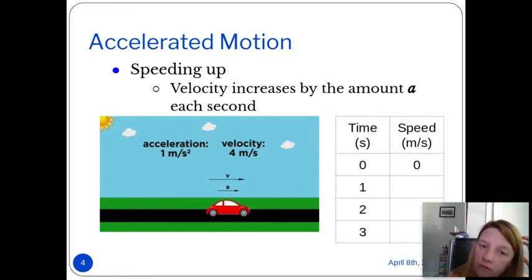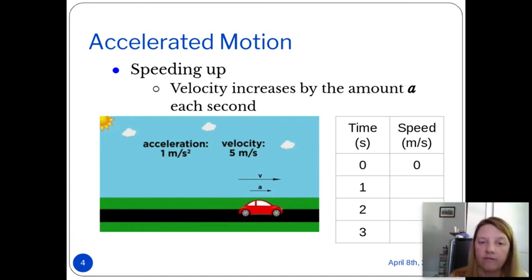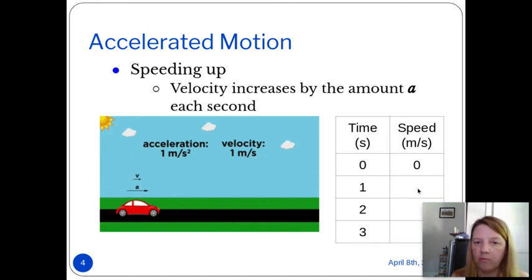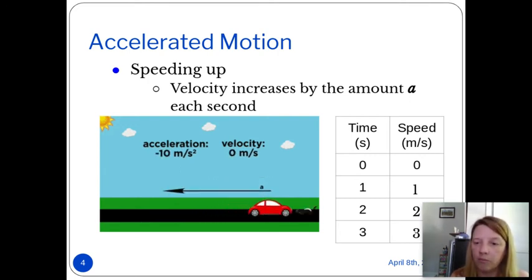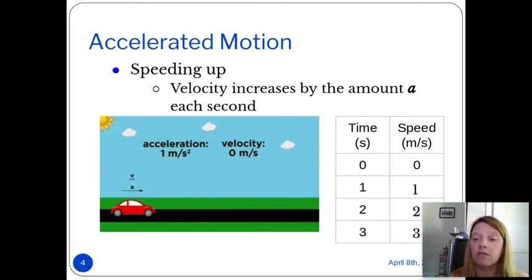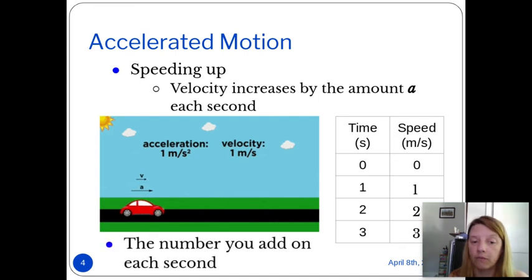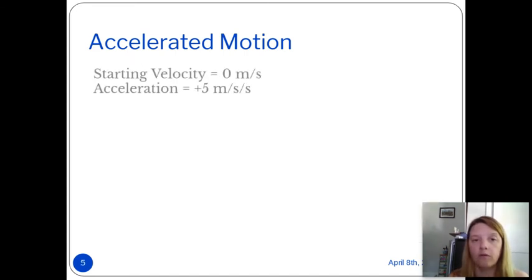In this case, it's going to reset in just a second. It starts out with an acceleration of 1 meter per second per second. So after 1 second, I've increased to 1 meter per second, and then after 2 seconds to 2, and after 3 seconds to 3. So that number, that 1 meter per second, is the value that I add to my velocity each second when I'm accelerating.